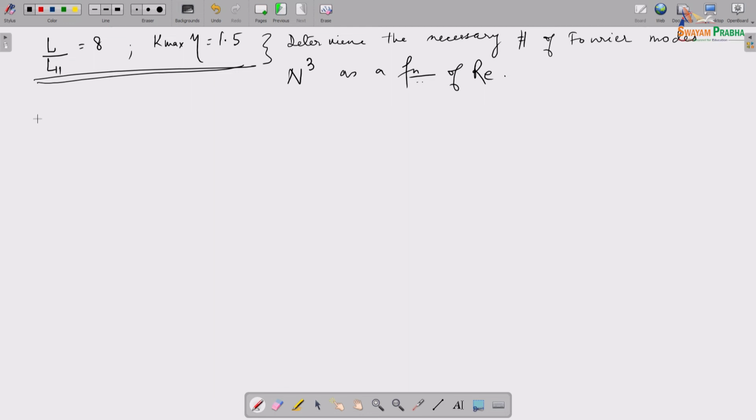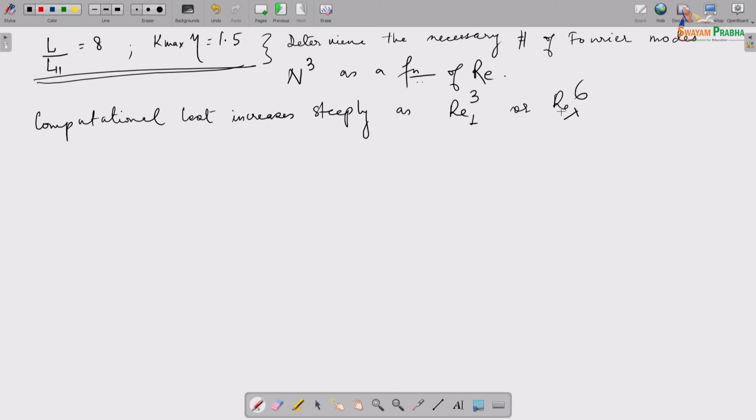Now, here, this computational cost actually increases steeply, right, as the Reynolds number increases. That is quite amazing.